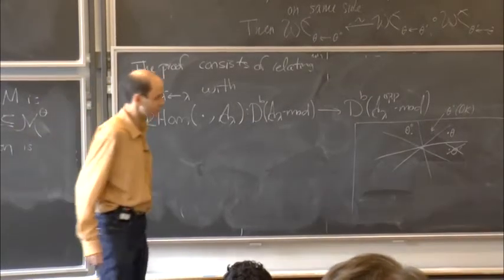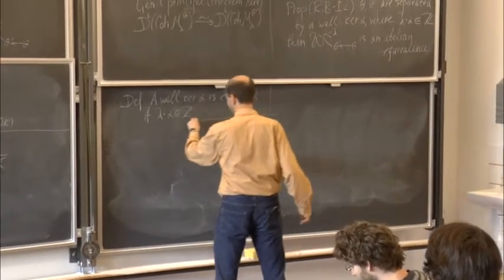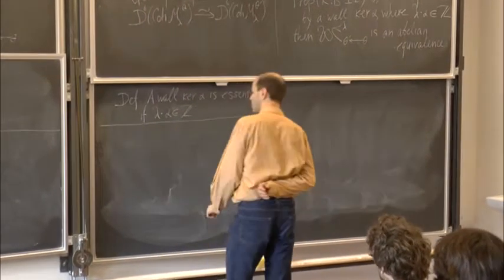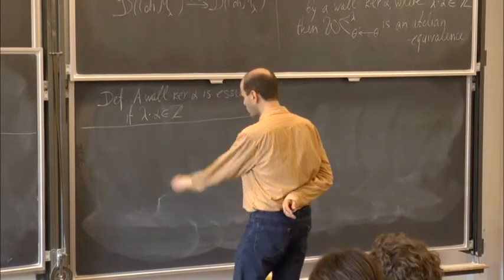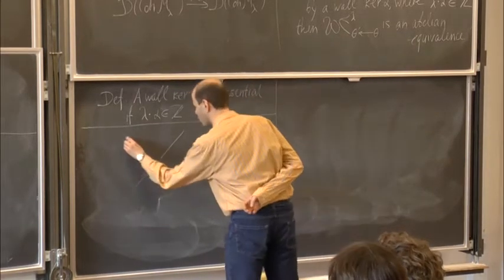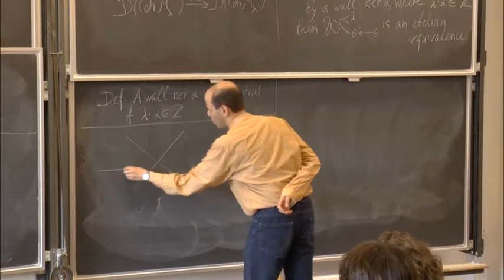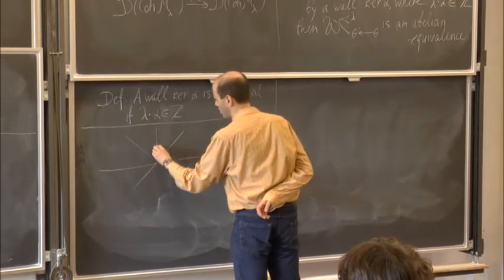Okay. So now what's our way to study this long wall crossing function? So again, here is a picture, and I only draw essential walls, maybe like such.